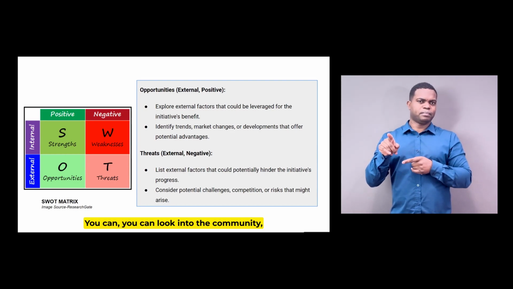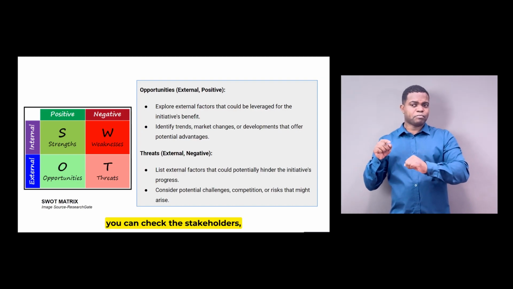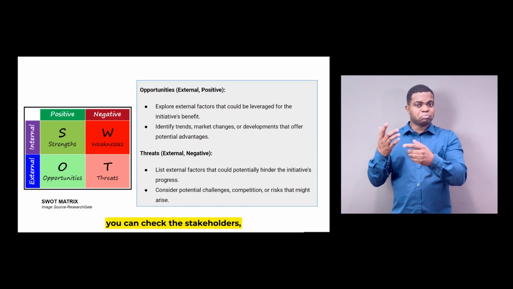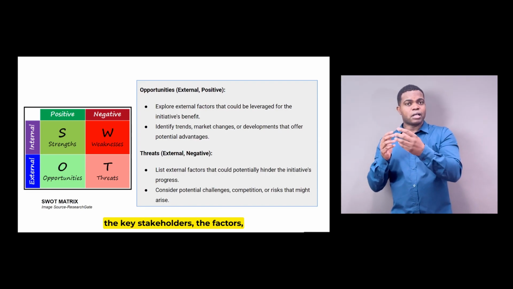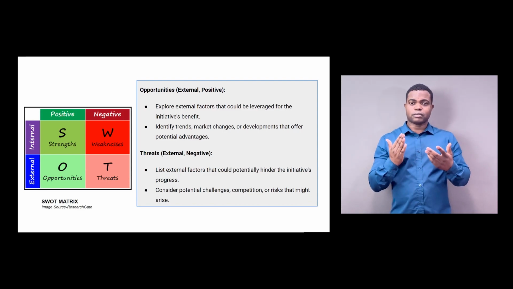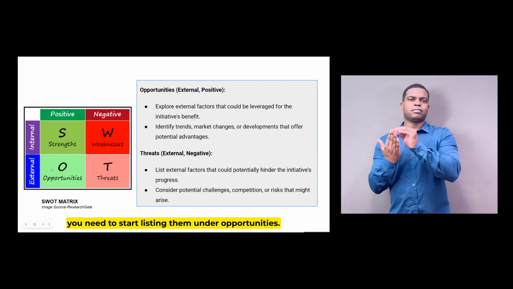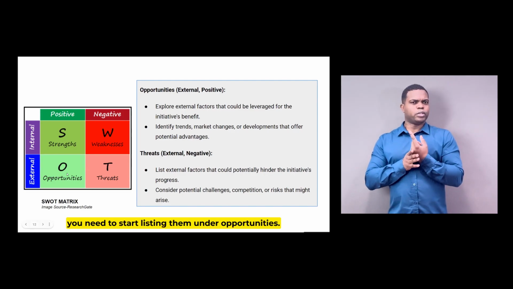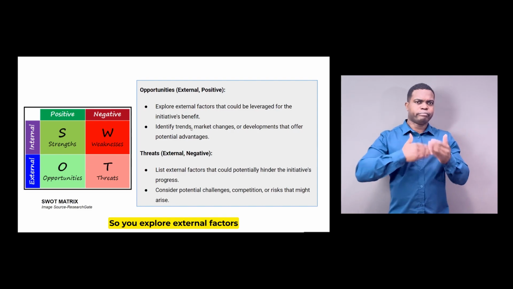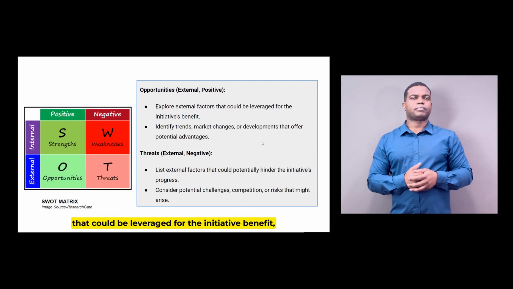You can check the key stakeholders, the factors you can leverage on that will benefit the initiative. So as you are getting those factors, you need to start listing them under opportunities. So you explore external factors that could be leveraged for the initiative's benefit.